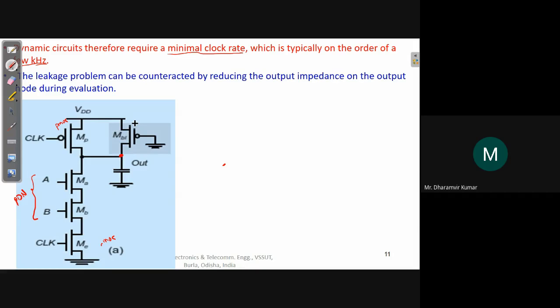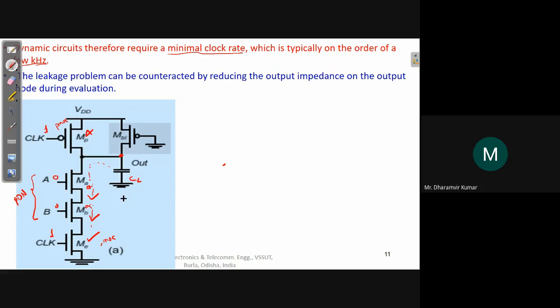There was a problem here: during the evaluation phase, when clock was one, whatever charge content of this load capacitance was might get leaked away, even though the pull down network is off. Even though they are not working, there is a chance that the charge content of this CL may get leaked away because of the leakage currents that are flowing through these devices. Now this is the problem.